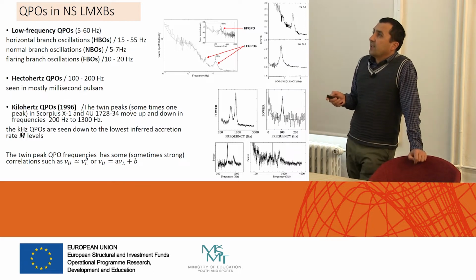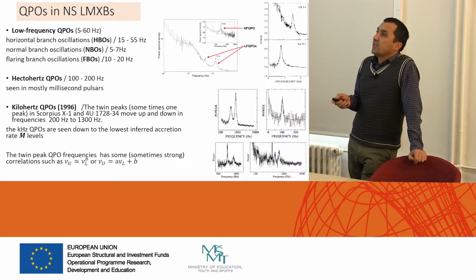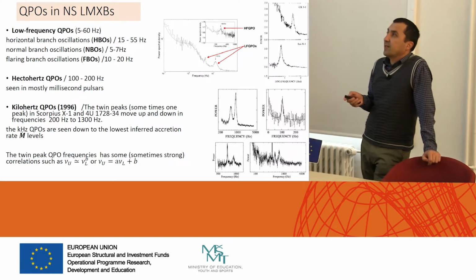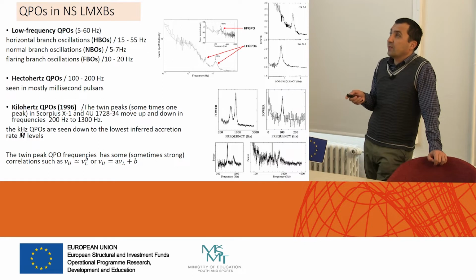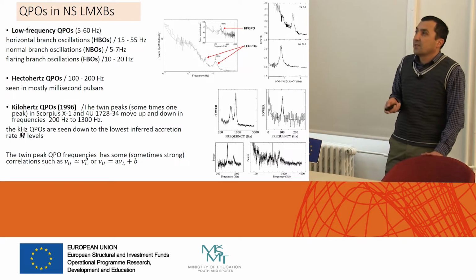And kilohertz QPOs are observed as twin peak QPOs, and sometimes instead of twin peaks we observe one peak, for example in Scorpius X-1 and 4U 1920. These frequencies move up and down in the range from 200 to 1300 hertz.